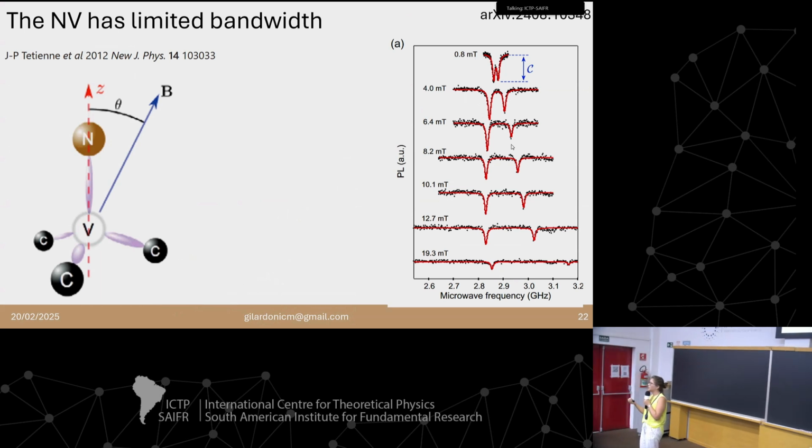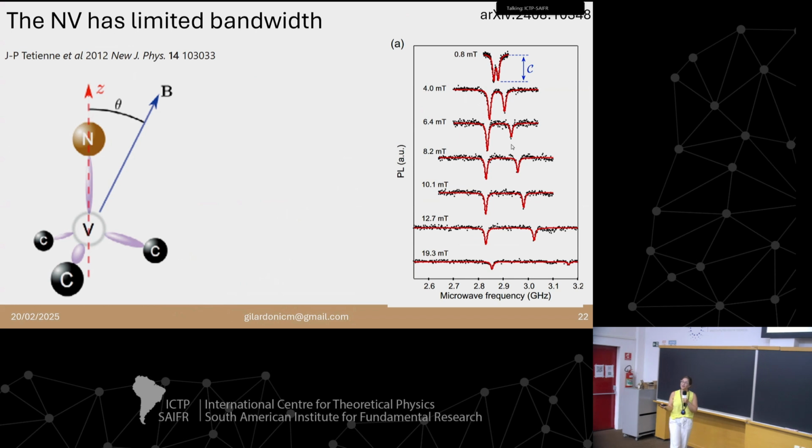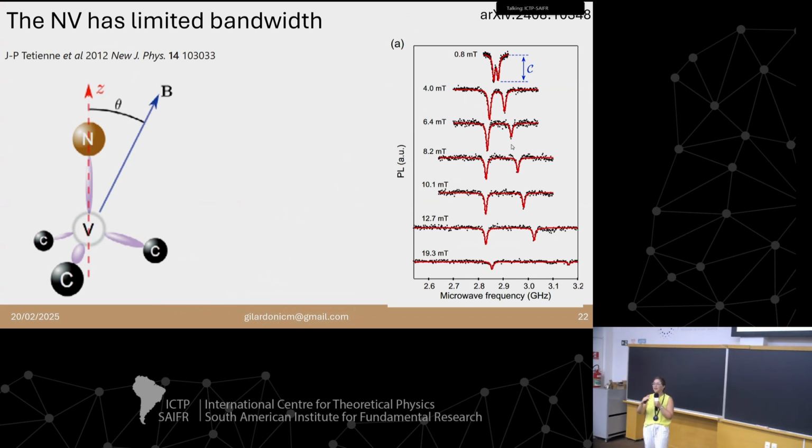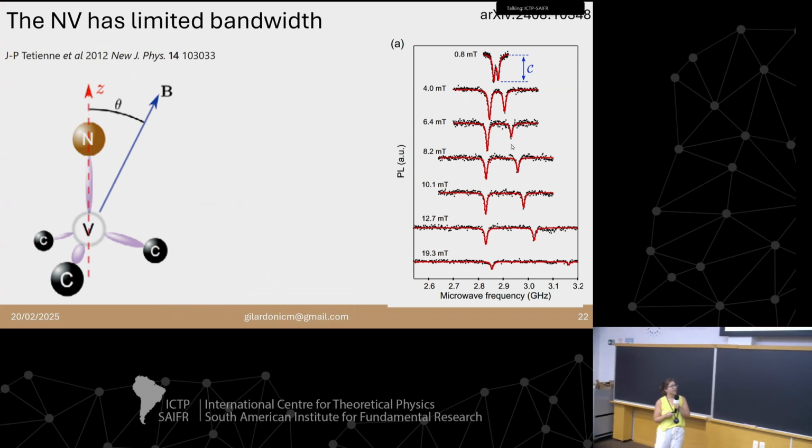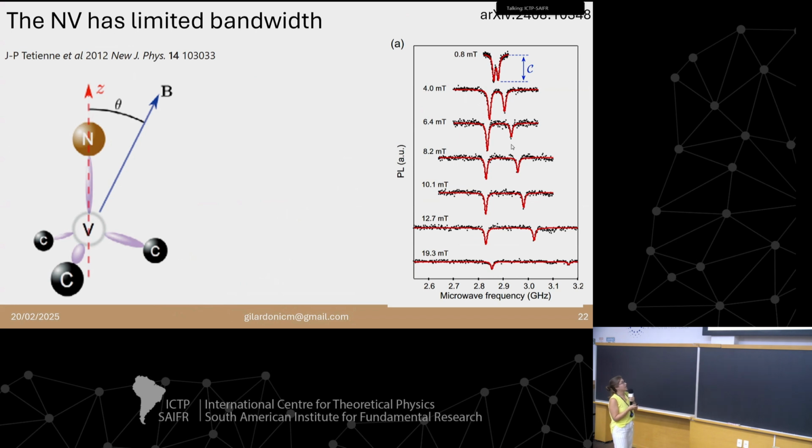So you get rid of your readout if there's a magnetic field that is not collinear to its symmetry axis. And what that means is that if you're looking at magnetic materials, for instance, that give rise to significant magnetic fields when you're in proximity to them, then you're sometimes unable to use the NVs because they no longer have a readout. So this is one of the challenges, especially for studying magnetization at the nanoscale.